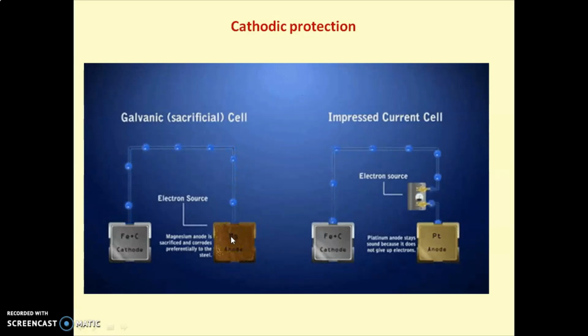Wherever oxidation takes place, electrons are released and move from here to the cathode. It is protected. In the impressed current system, the metal to be protected behaves as a cathode and it is connected to another anode which is a more noble metal or insoluble metal, and the impressed current is supplied from an external source that acts as an electron source. That's why the electrons move from this anode to the cathode and it is protected.